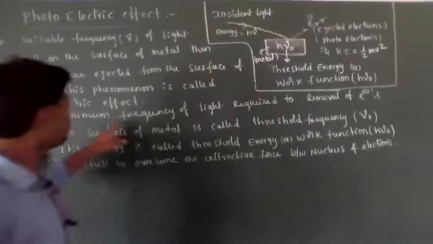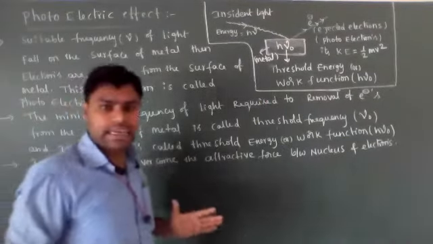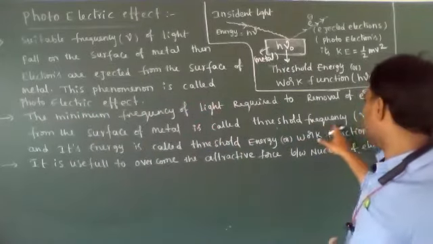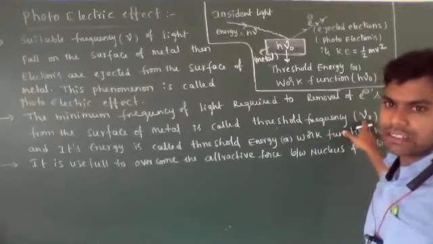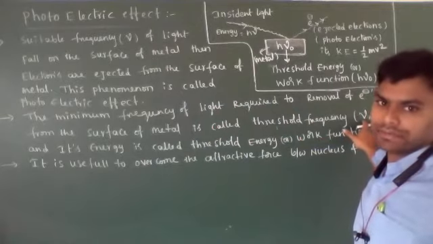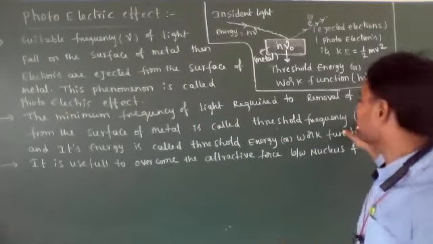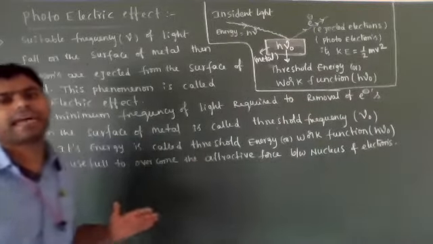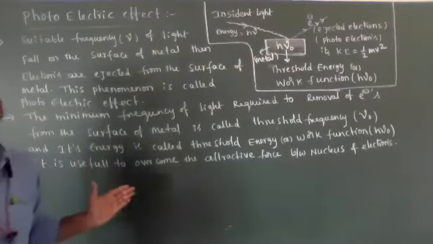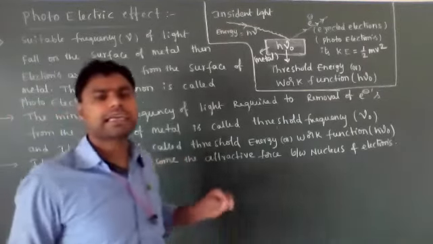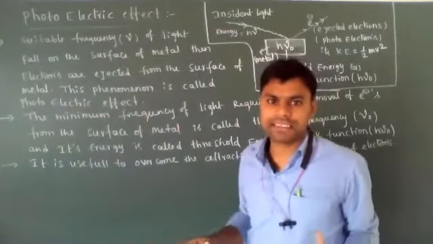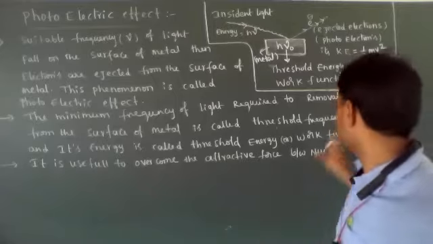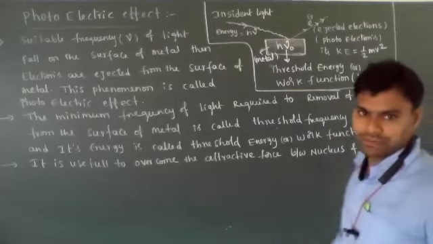The minimum frequency of light required to remove electrons from the surface of the metal is known as threshold frequency, and that energy is known as threshold energy or work function. It is always equal to h nu naught.